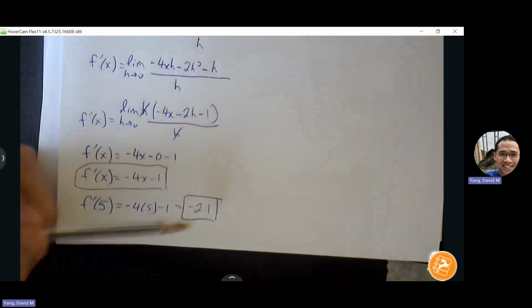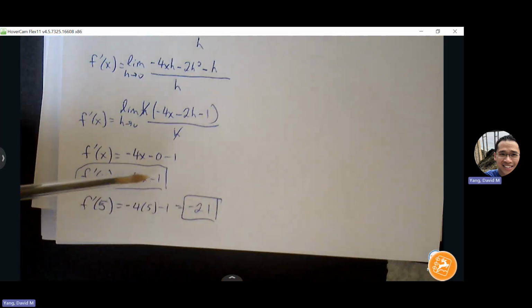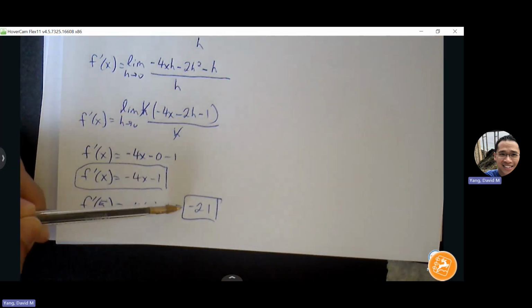But the alternate side will take you directly to this number. It's going to bypass the slope formula. It will take you directly here. All right, let's try that.